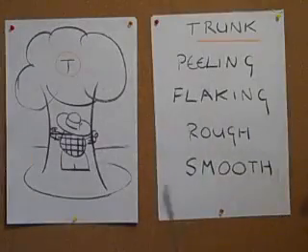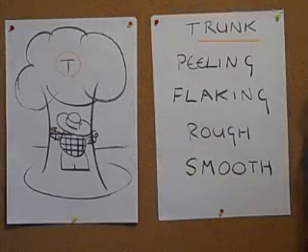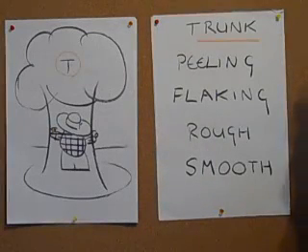Now we move on to T, which is the trunk of a tree. Now the use of the bark structure as an identification feature tends to be quite a specialised discipline, yet we can break it down into some key features and then refer to more detailed information later.